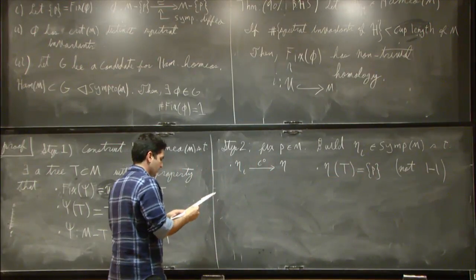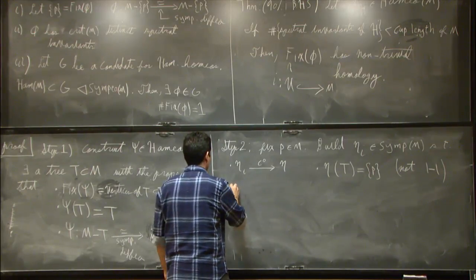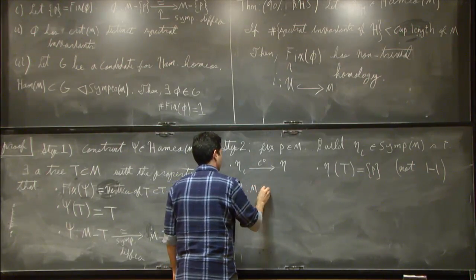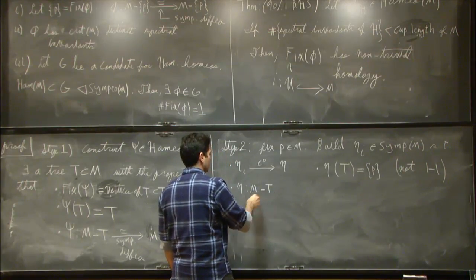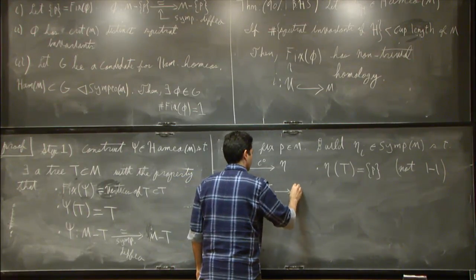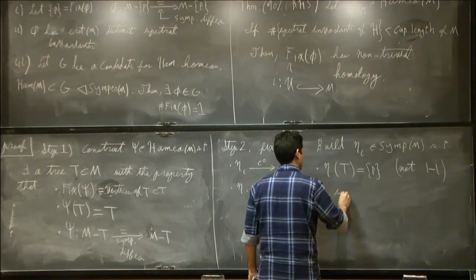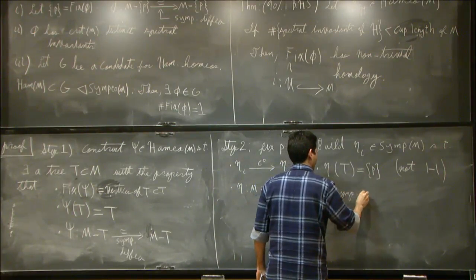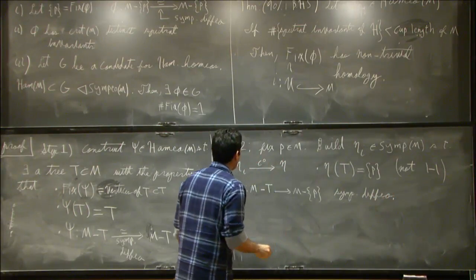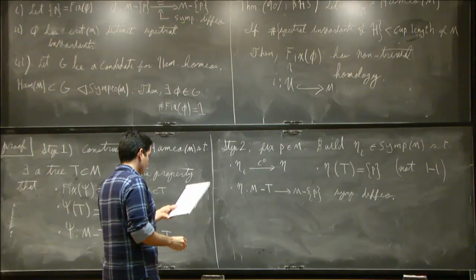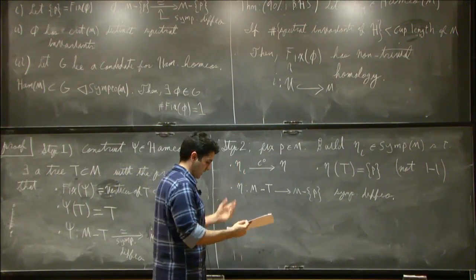And again, to get things to be smooth on the complement of that fixed point, you could arrange that eta sends T to P. It sends the complement of T to the complement of the point P, and it will be a symplectic diffeo here. And at this point, you probably can see what you need to do to construct a counterexample.